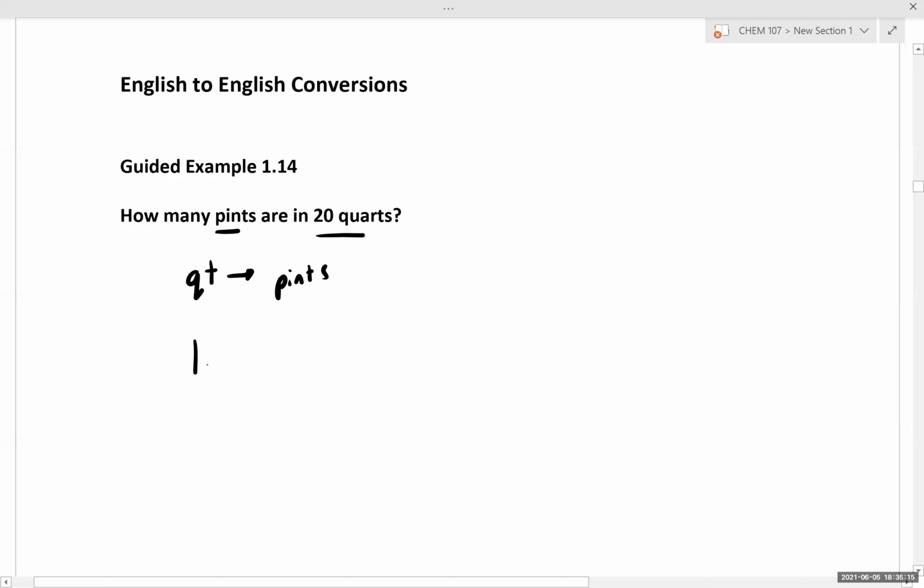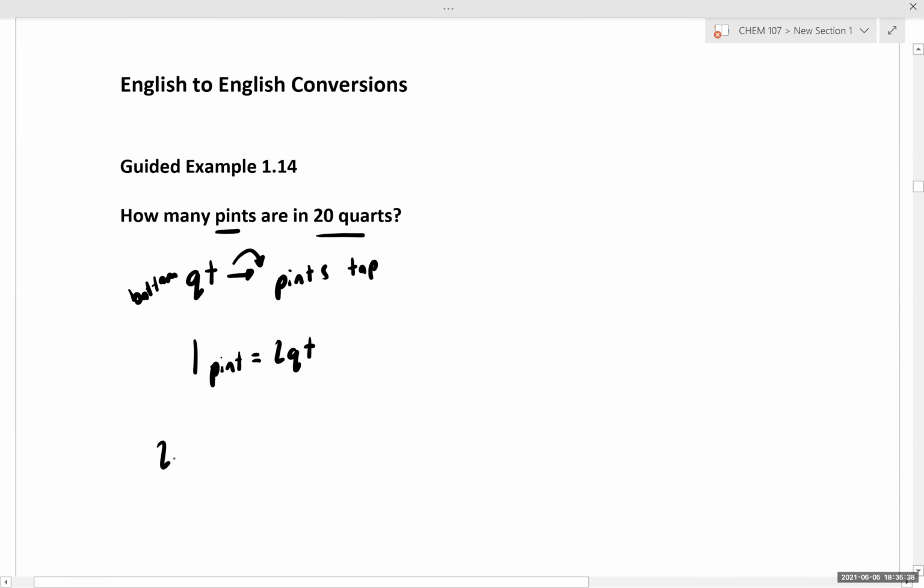We know that in 1 pint, there are 2 quarts. So if we're trying to convert from quart to pint, pints will be on top, quarts will be on the bottom.